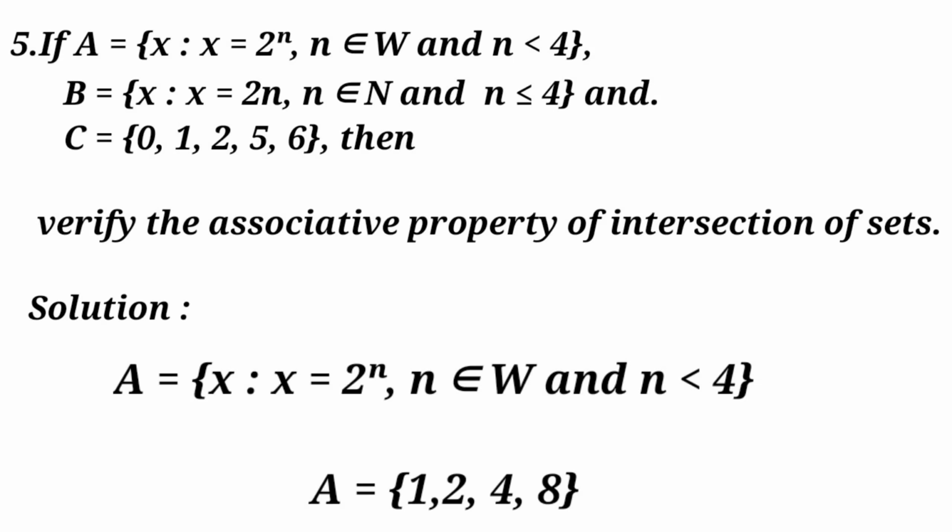Solution: given A is equal to {x such that x is equal to 2 to the power n, n belongs to W and n less than 4}. Given is set builder form or rule form. We convert set builder form into roster form.